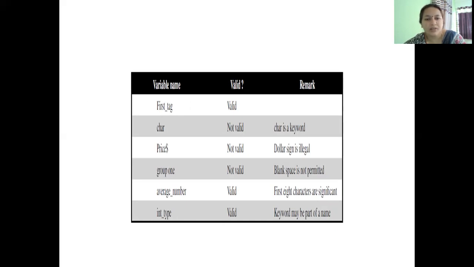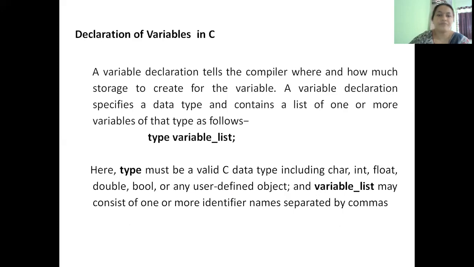Group 1, with a space, is also not a valid variable name because it consists of a blank space, which is not permitted in variable names. average_number is a valid variable name, since it contains only letters and underscores. int_type is a valid variable name. Though int is a keyword, it's only part of the name. The total name of the variable is int_type. Hence, it's a valid variable name.